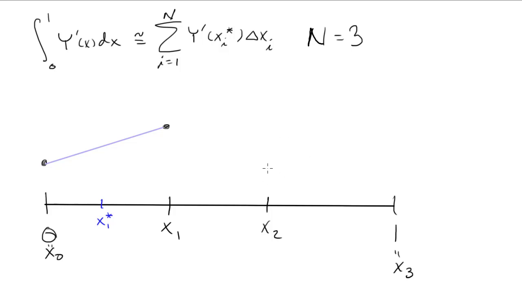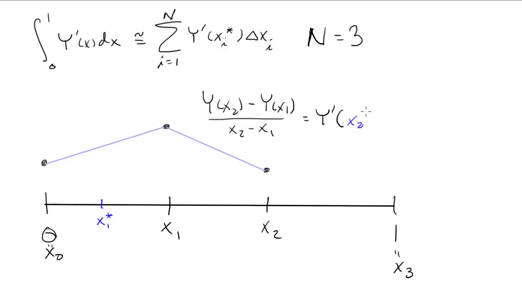For the second element, I just need to plug in one more point into capital Y, draw that line segment. Its slope, rise over run, is equal to the derivative at some point in between. That's how I'll choose my evaluation point for the second element.